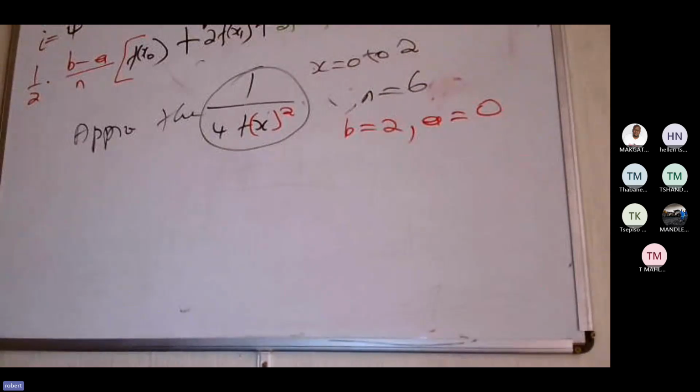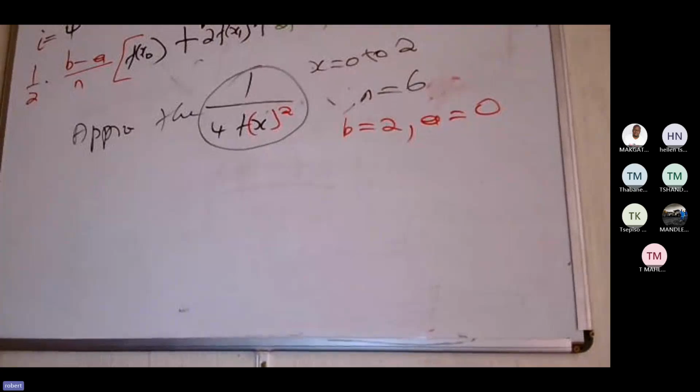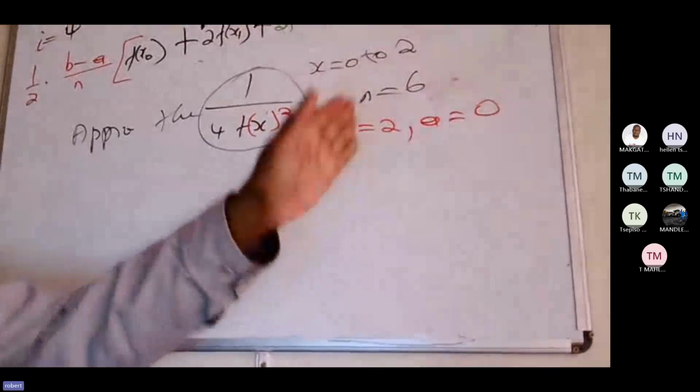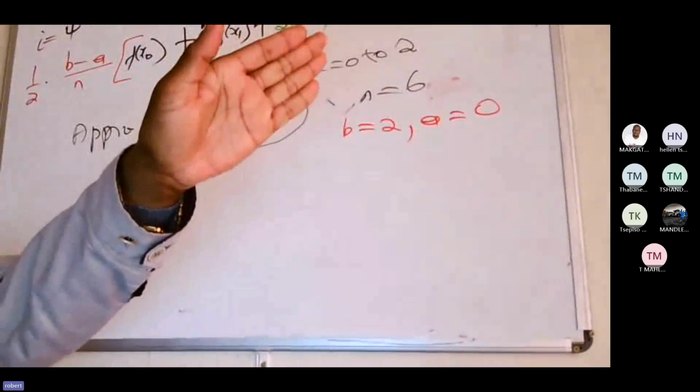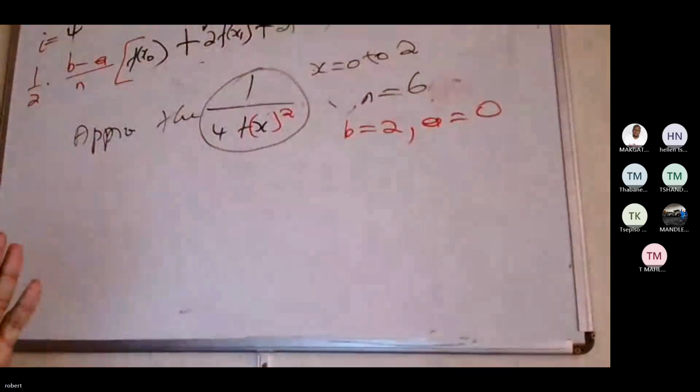Let us take it slow. Then, what will be the length of each of those 6 equal parts? Can you get the answer for us? From 0 to 2, you partition that interval into 6 equal parts.